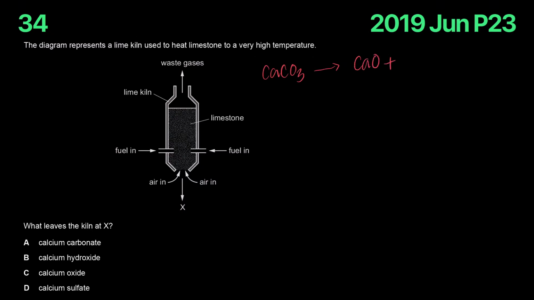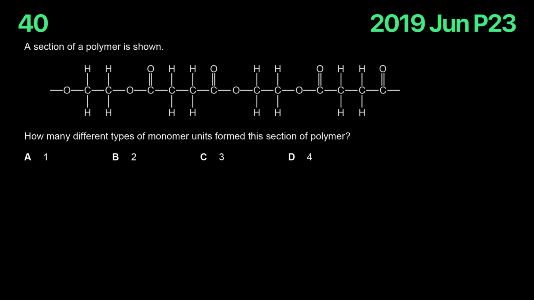Turns to... Right? And of course the slag will come out, but the slag is not highlighted. So the other thing that will come out is calcium oxide. See, I don't like this question. Not a fan. Yeah, decomposition of calcium carbonate. Essentially that. Maybe it's easier than I think. I'm just biased.